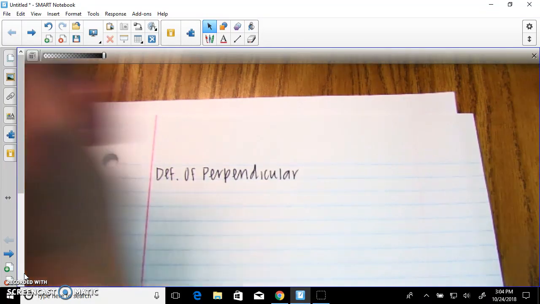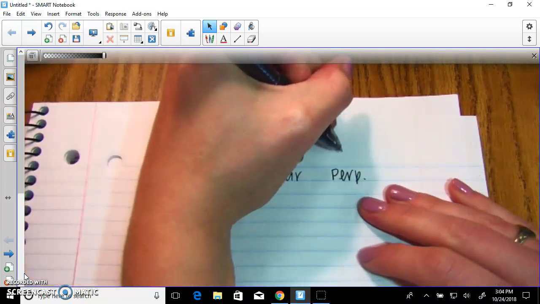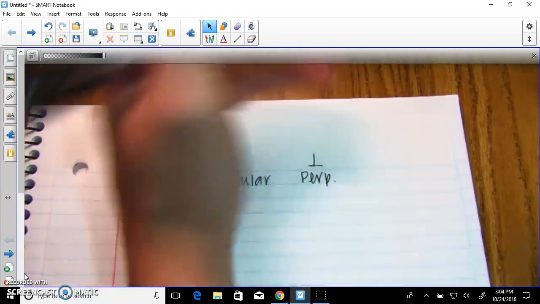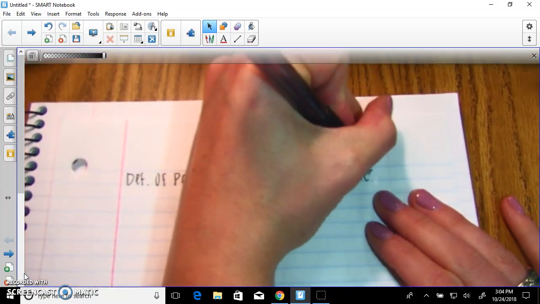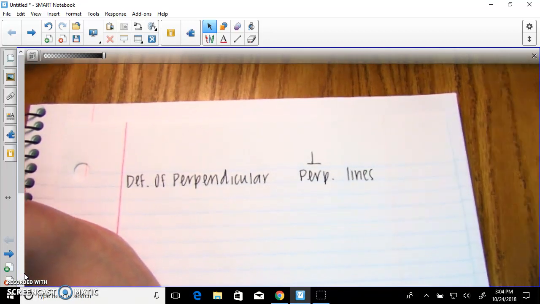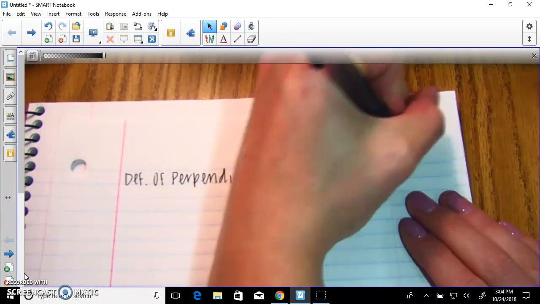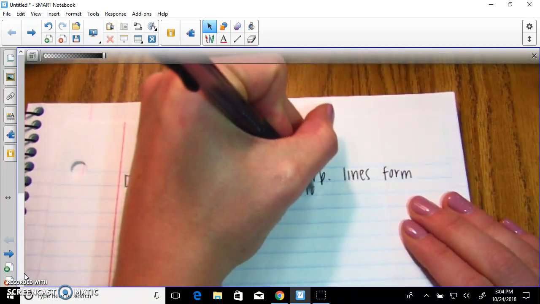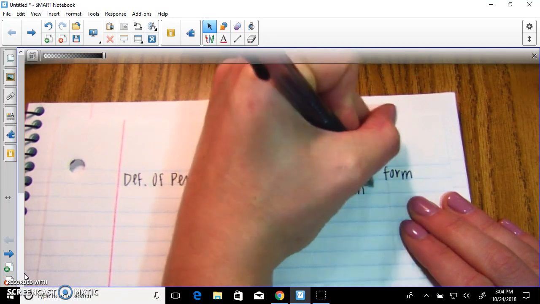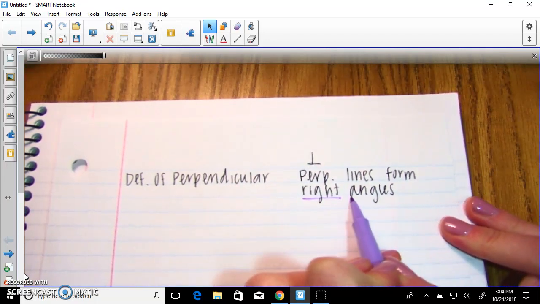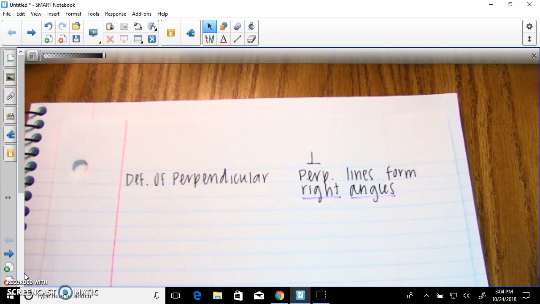Definition of perpendicular says that perpendicular lines, and remember perpendicular is used, we use that symbol, it looks like an upside down T. It says perpendicular lines form a right angle, or form right angles. Notice how I wrote that. I didn't say they form 90-degree angles. I said they form right angles. Definition of perpendicular.